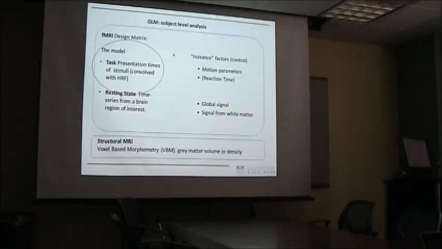And the output there is images of gray matter volume or density, compared to images of contrast values in your fMRI. So that's a little bit different. Actually, in a way, structural MRI and VBM is a little bit easier to process. But the main point is that no matter which type of analysis or type of data you have, from here on out you're going to use any of these images in a similar way.